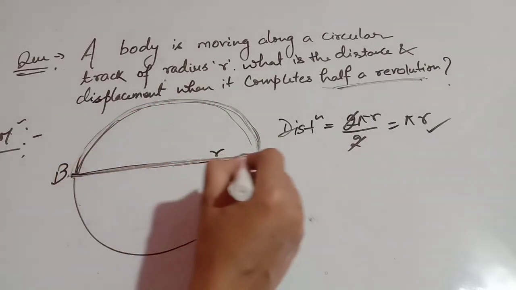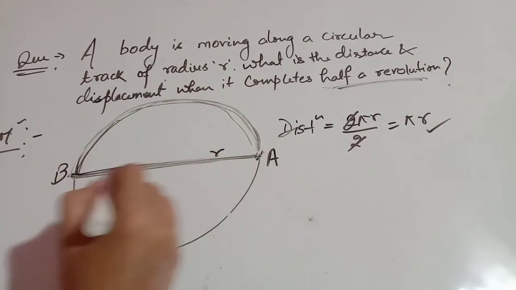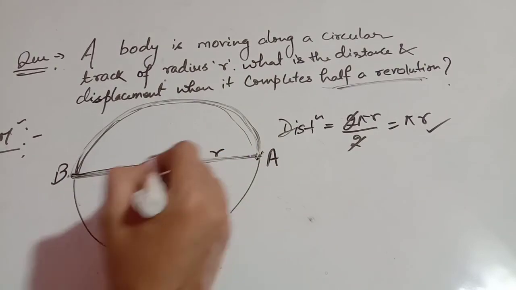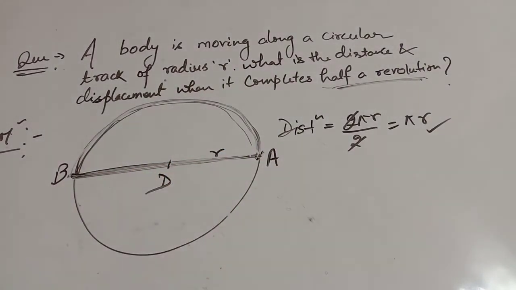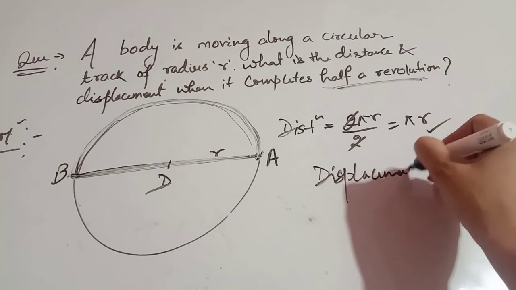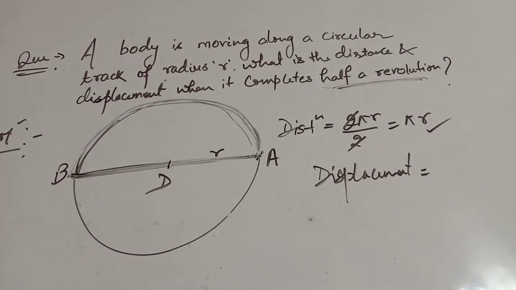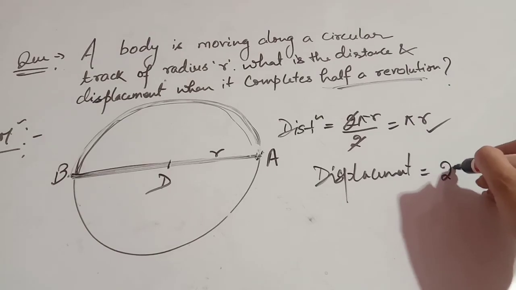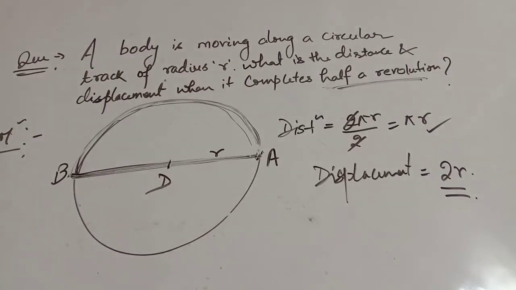Obviously, this is the shortest path, the shortest distance. So this is the diameter of the circle, that is 2r. So after half a revolution, the displacement will be equal to the diameter, that is 2r.